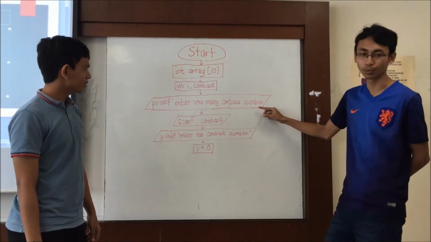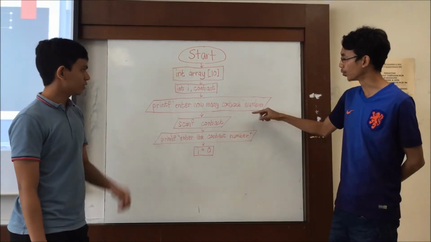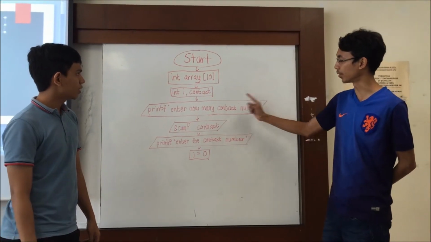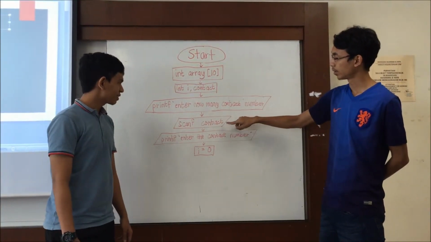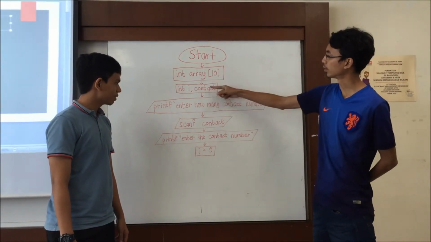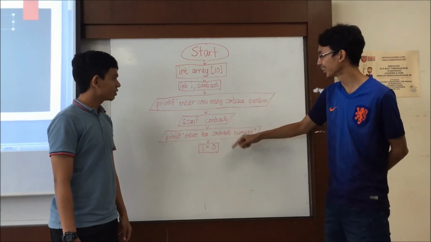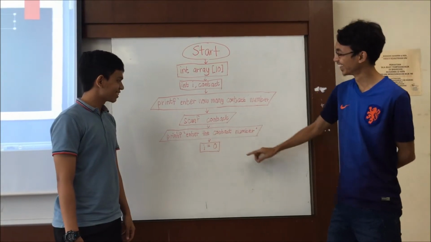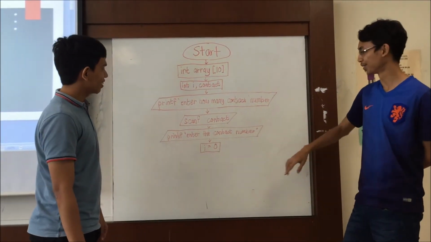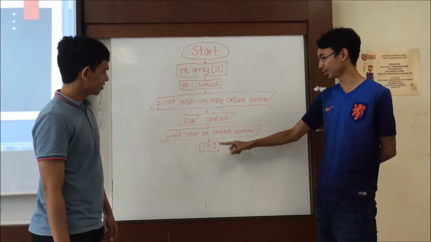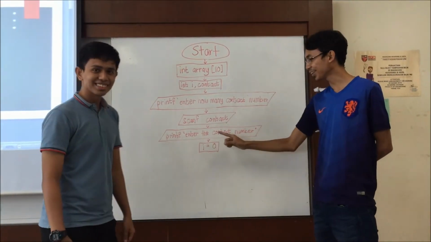This function asks the user to enter how many contact numbers, and after that we scan contact to store the contact. After that, enter the contact number, to ask the user also. This is initialize i equal 0.